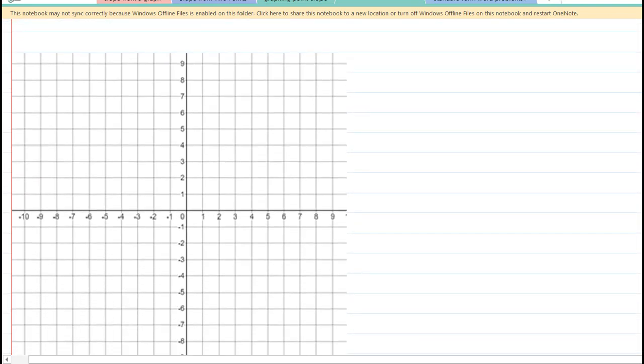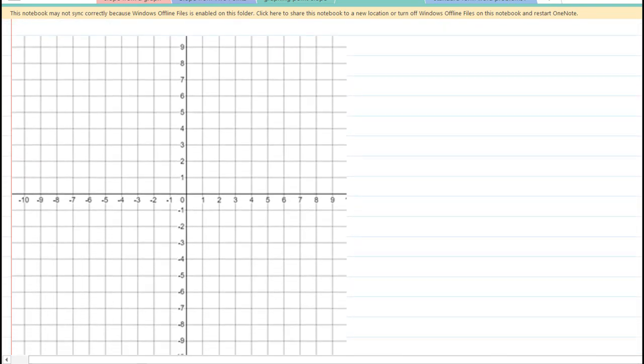One other strategy, just because we're so good at slope-intercept form, is to change the equation to slope-intercept form. So say I have graph the equation 4x minus 6y equals 24.